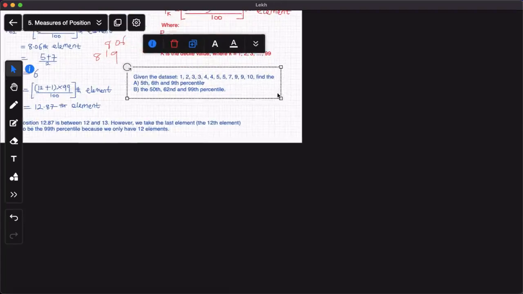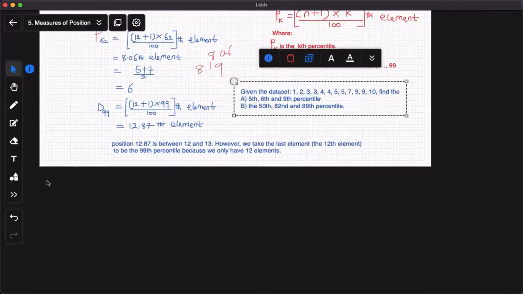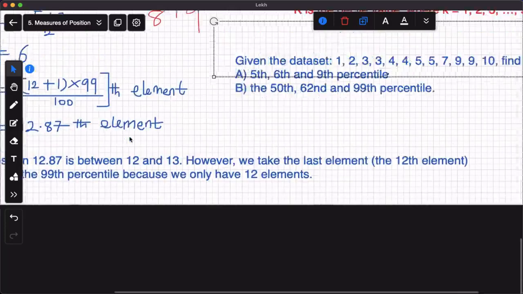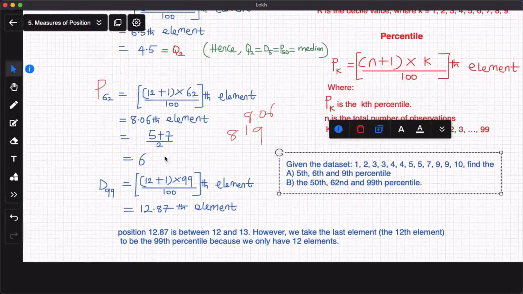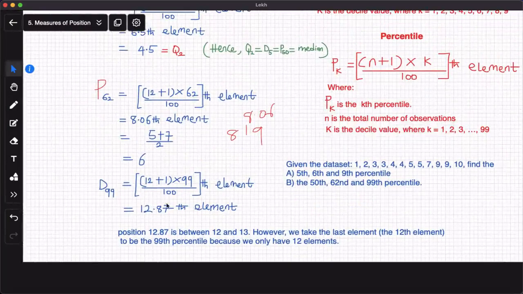Okay, now we have our 99th percentile to be in position 12.87.